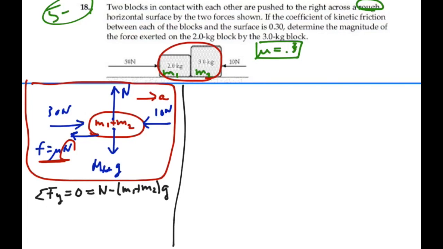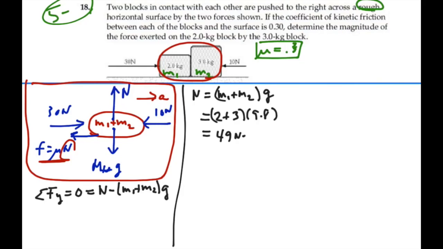So the normal force will equal m1 plus m2 times g, which is 2 plus 3 times 9.8, 5 times 9.8, which would be 49 newtons. That is our normal force.